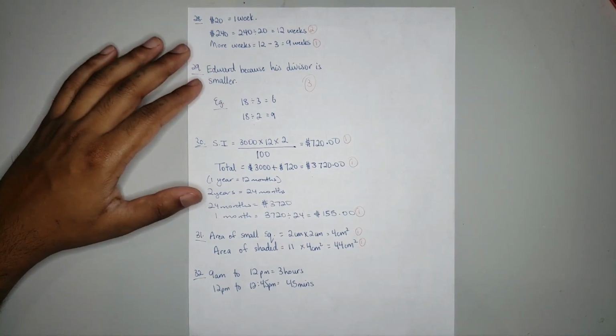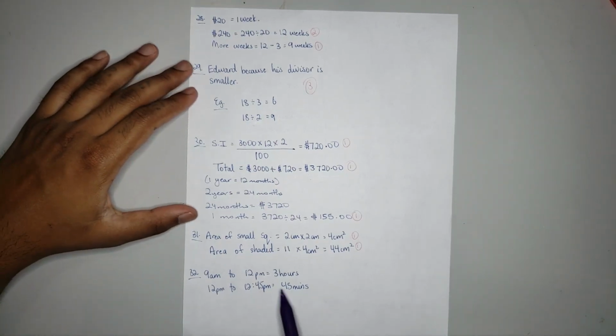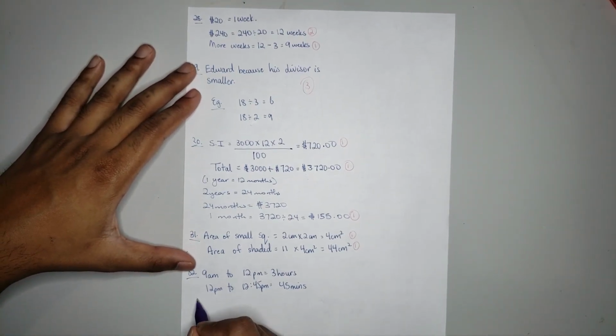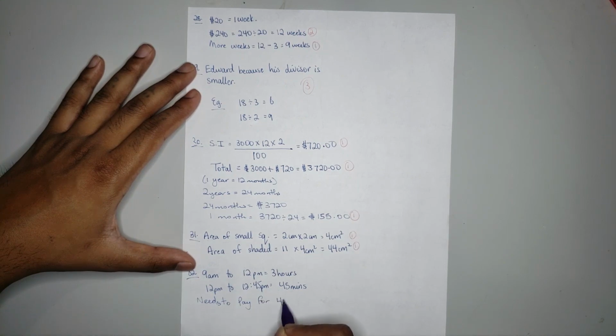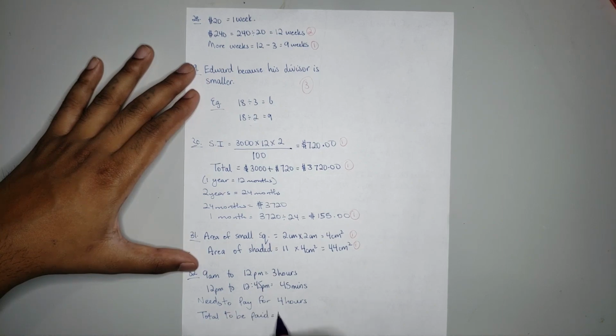So from the parking rates, since he was there for 3 hours and 45 minutes, he'll have to pay for 4 hours. So the total to be paid will be 4 hours multiplied by the rate of 1 hour, which is $5. So that will be $20.